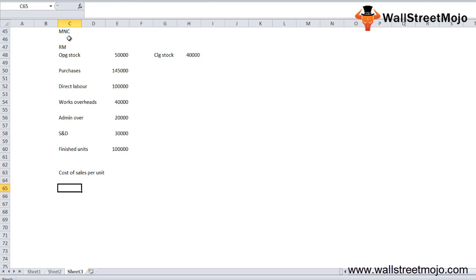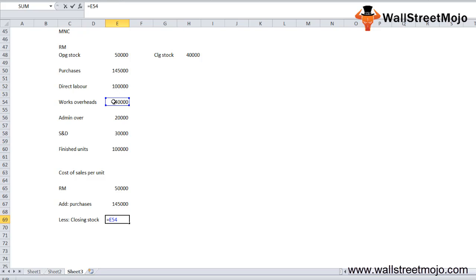In this example, every input is given. We just need to put the figures in the right place. The raw material opening stock is 50,000. Then we add the purchases. Then we deduct the closing stock, which is 40,000.